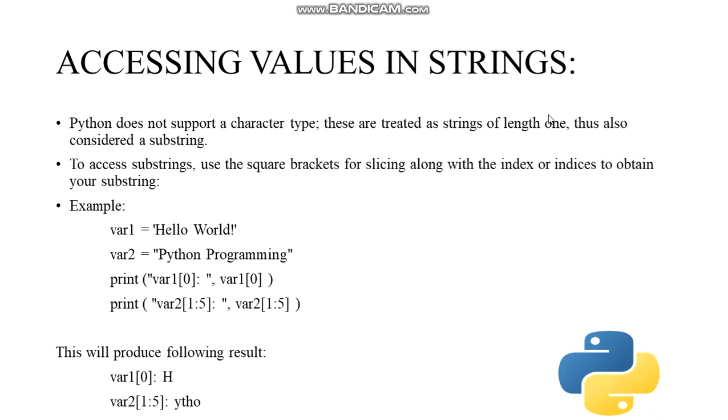So if I want from the second character to the fourth or fifth character, I will write variable 2 of 1 colon 5. So it will give me letters from 1 till 4. Okay, the slicing operator goes one index less, so it will give me YTHO.